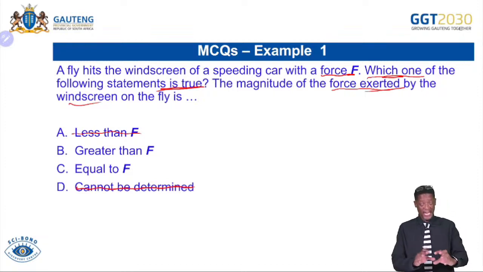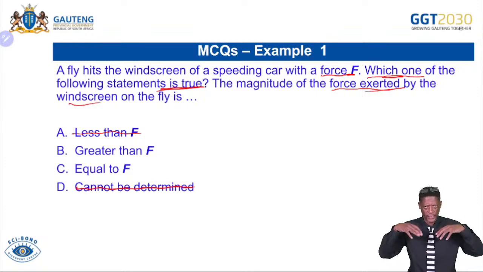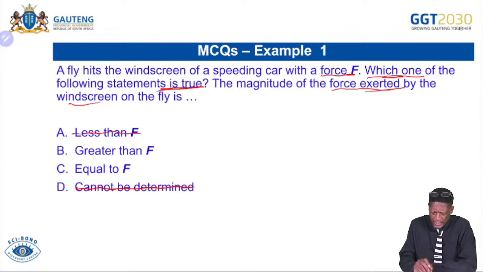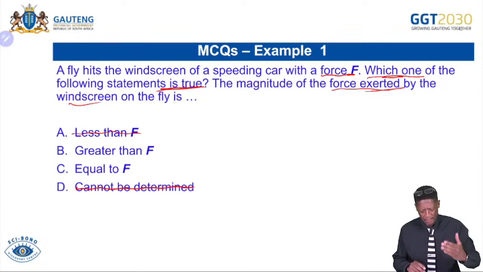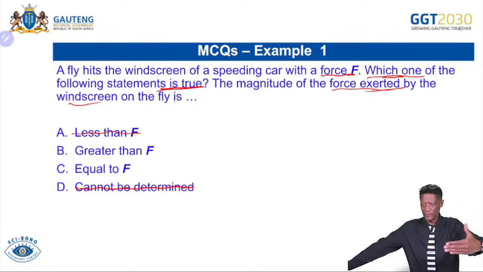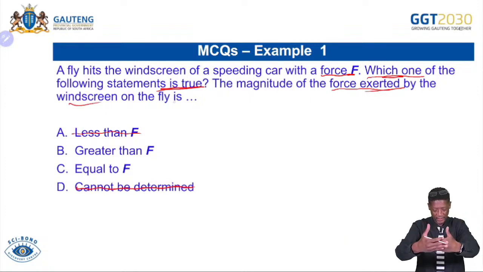Now, here we need to read the statement and we recall. Remember, this question is for recalling, remembering what we have read. They say the magnitude of the force exerted by the windscreen on the fly is, remember, the fly hit the windscreen of the car, and then the windscreen of the car hit the fly, right?